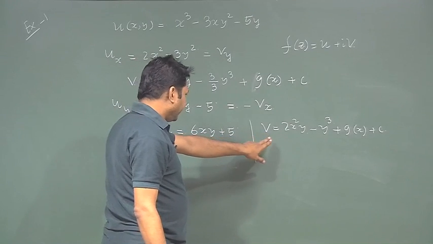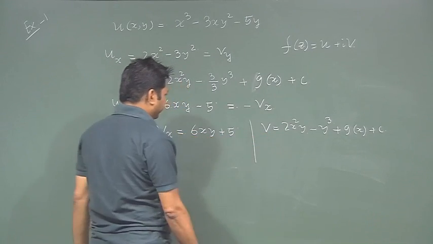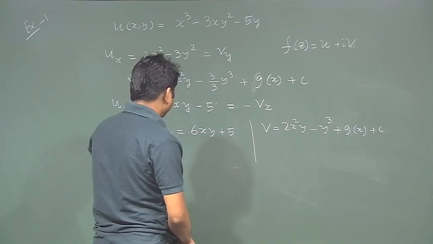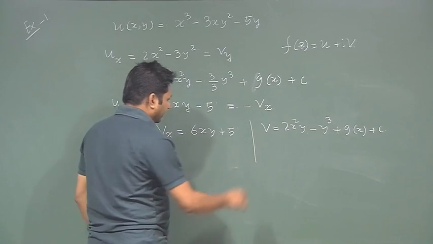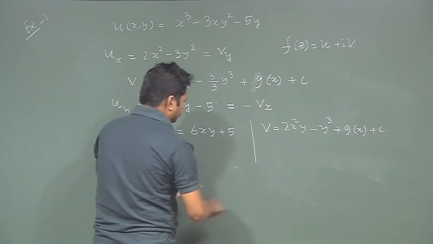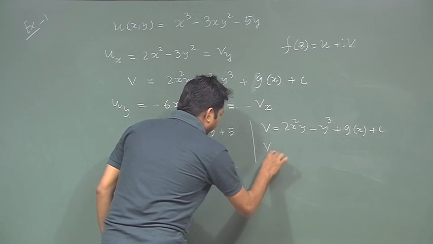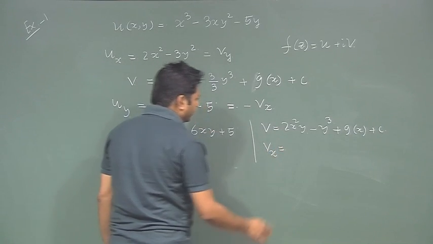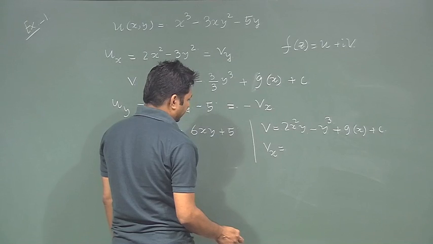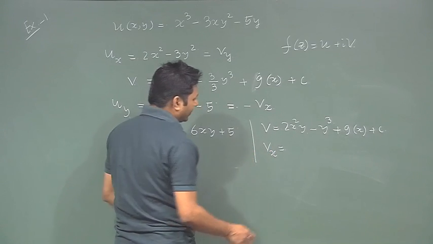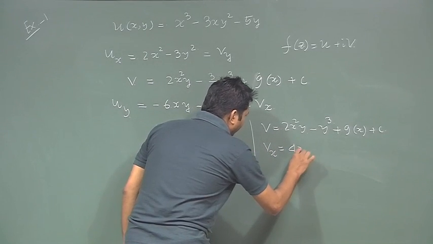If I make a derivative of this quantity with respect to x, vx should be 4xy.